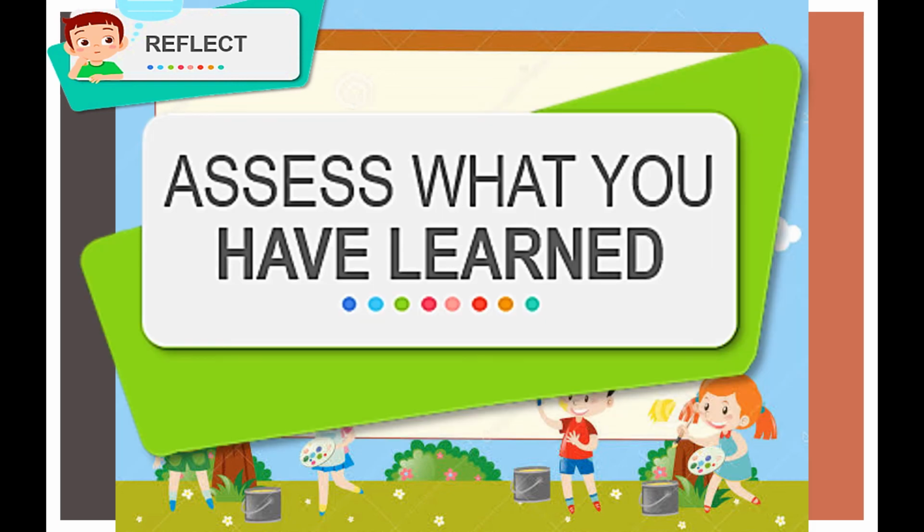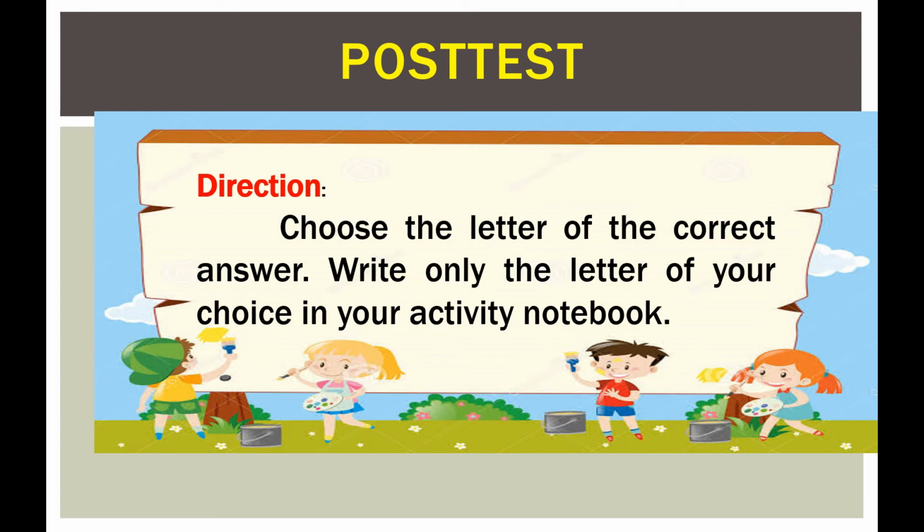And now kids, let's see how much you have learned in our lesson by answering these questions. Direction: choose the letter of the correct answer. Write only the letter of your choice in your activity notebook.